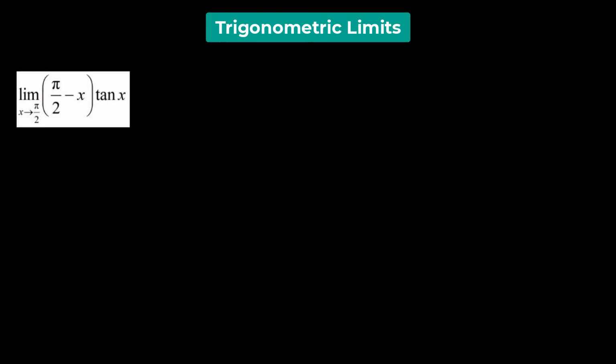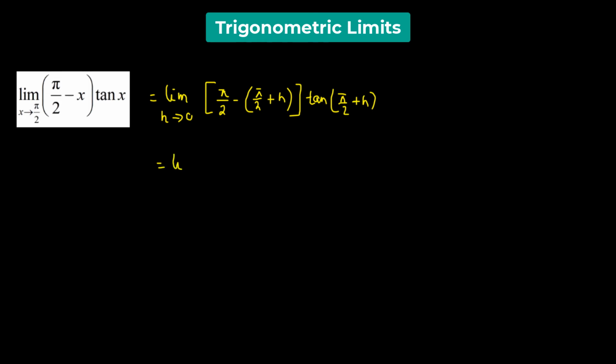So in order to evaluate this limit, let us begin by changing the limit from x to h. So we have h going to 0. We have pi over 2 minus x, where x will get replaced by pi over 2 plus h, multiplied by tangent of pi over 2 plus h, which is equal to limit h approaching 0.